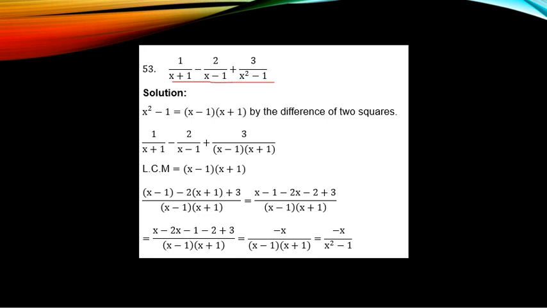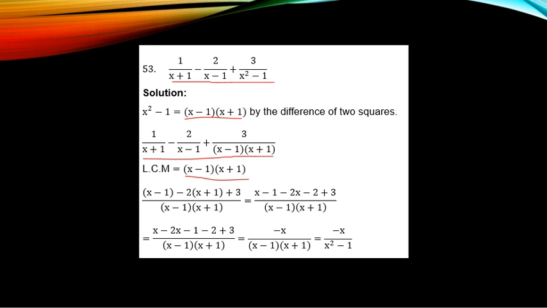S squared minus 1 can be expressed as a difference of two squares. So this is the fraction in simplest form first, which enables us to find the LCM. And the LCM is simply s minus 1, s plus 1.